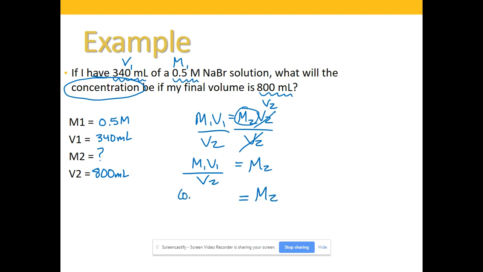M1 is 0.5 molar, V1 is 340 milliliters, and V2 is 800 milliliters. Our milliliters cancel out on the top and bottom. We plug it into our calculator, 0.5 times 340, and divide that by 800 to get a final concentration of 0.21 molar.